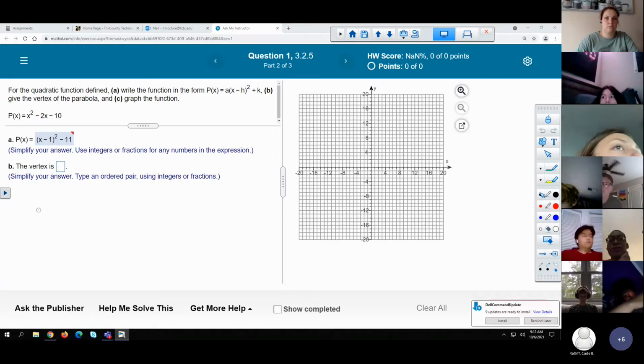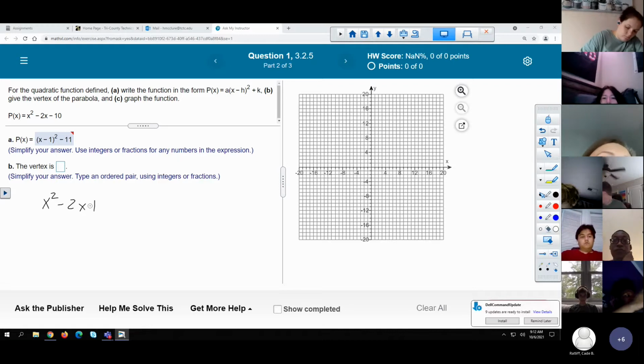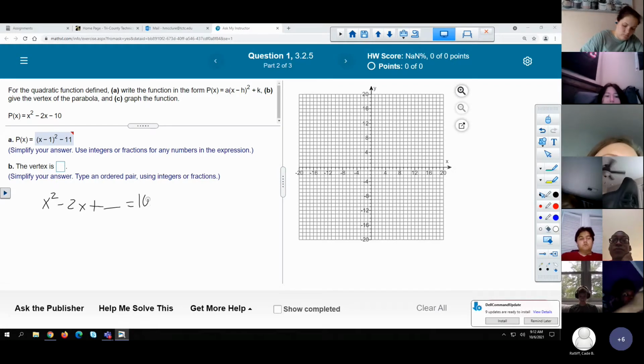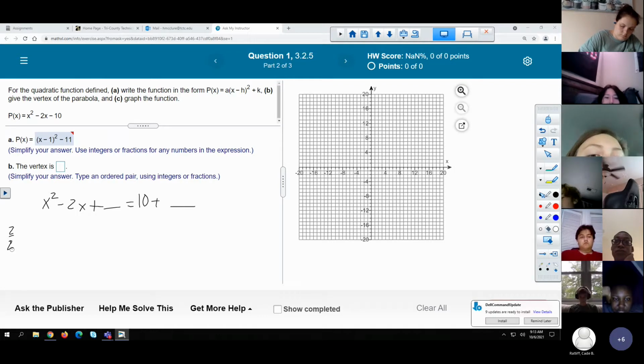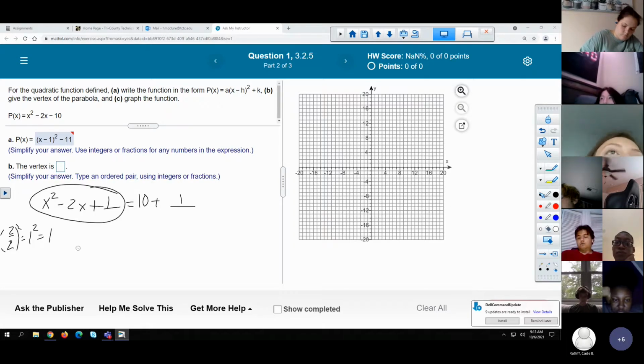X squared minus 2x plus blank is equal to 10 plus blank. Half of 2 is 1. 1 squared is 1. Shortcut number 2, x minus 1 quantity squared is equal to 11.